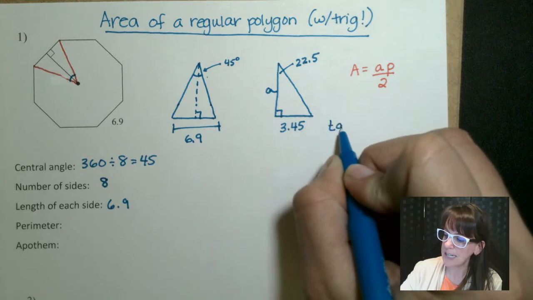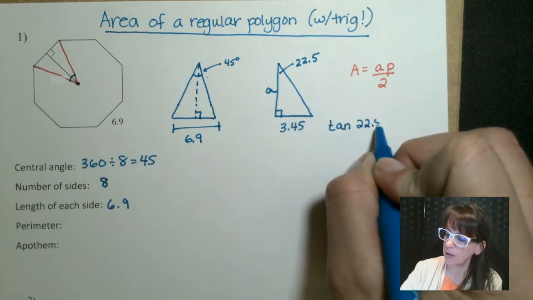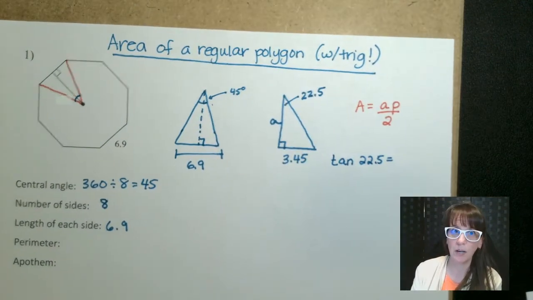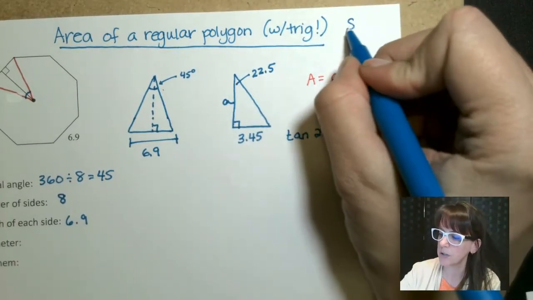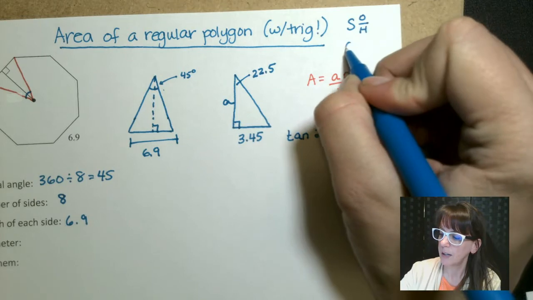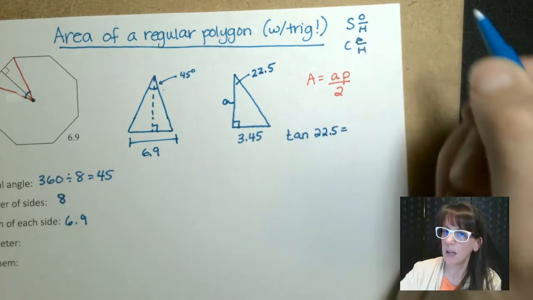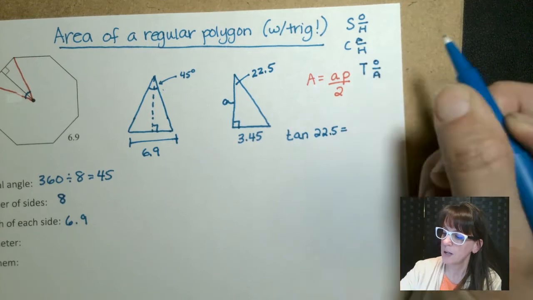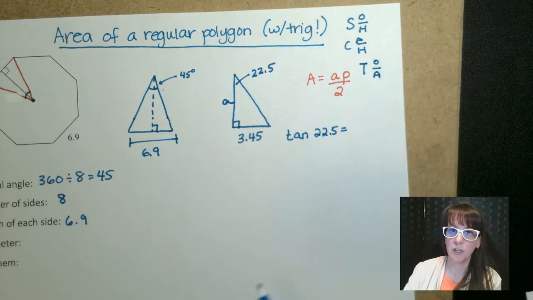So if we say tangent of 22.5 equals, remember, it's SOH CAH TOA. Let's quickly refresh. So, CAH, and then that's supposed to be an A, sorry about that, TOA. So our tangent is opposite over adjacent.